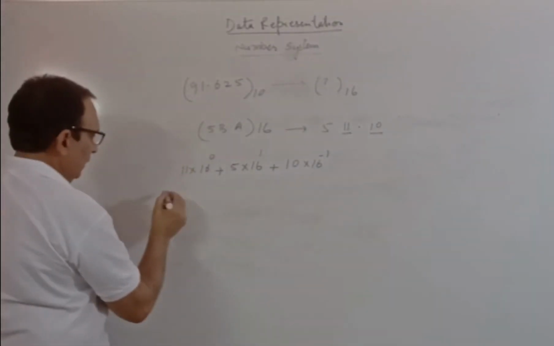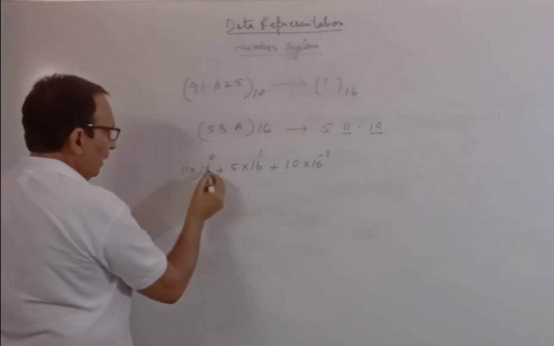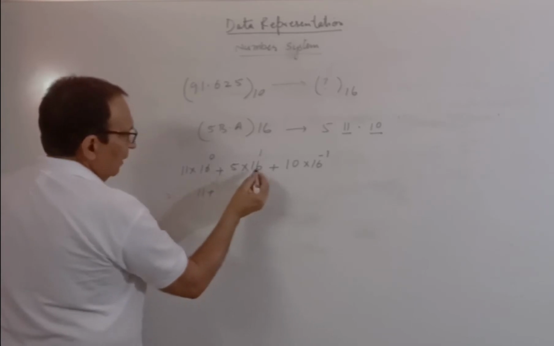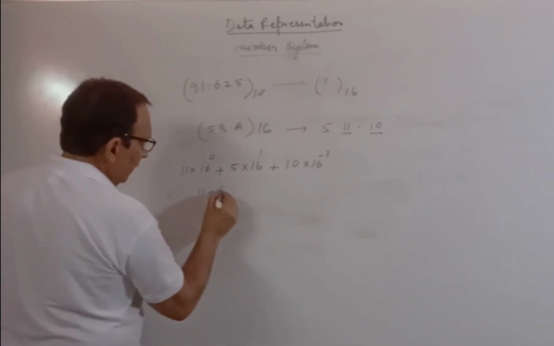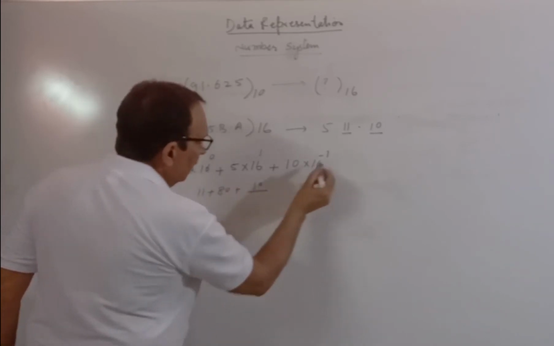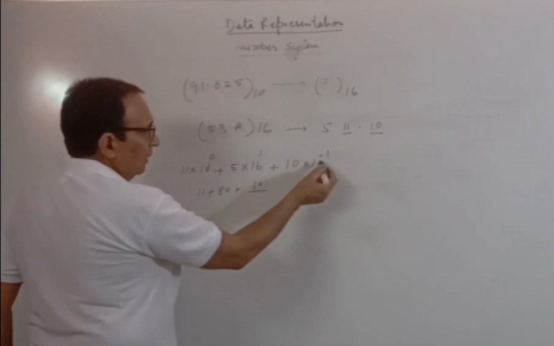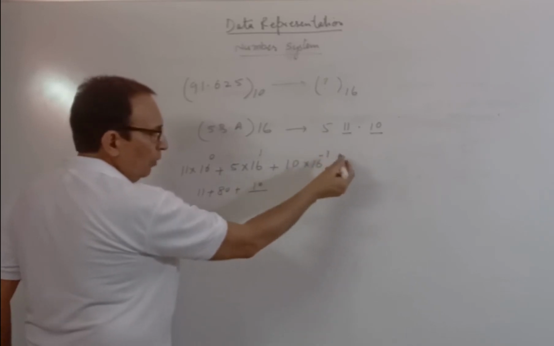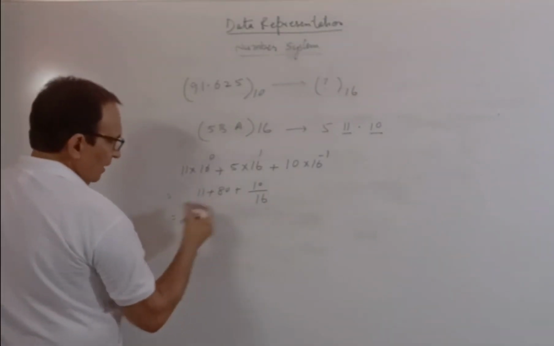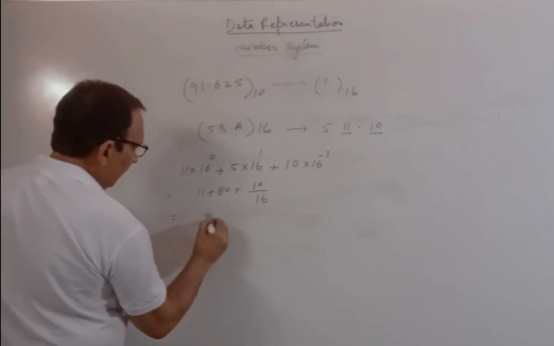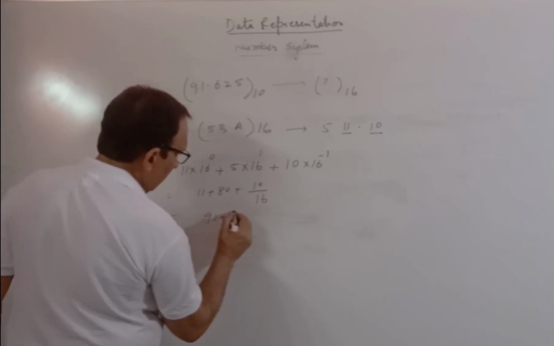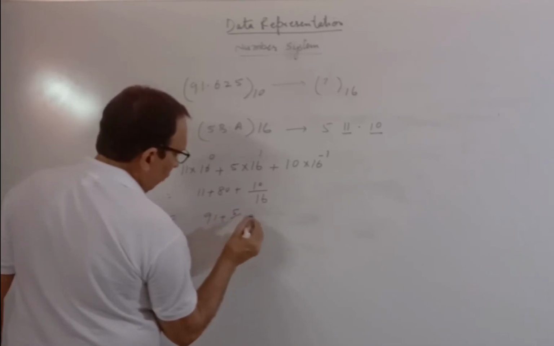Let us calculate this. 16 raised to the power 0 is 1, 1 into 11 is 11. This is 16 into 5, that is 80. Plus this is 10 over 16, because 16 raised to the power minus 1 is equal to 1 over 16. Write 16 here. Add the integer part of it, that is 91, plus this becomes, after cancellation, 5 over 8.